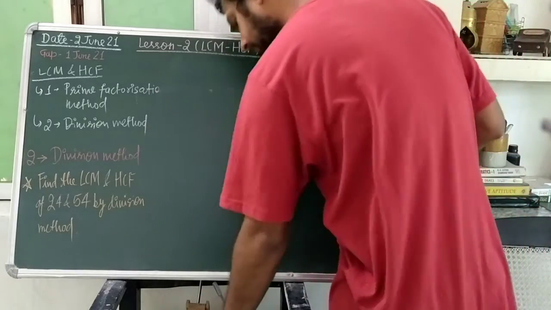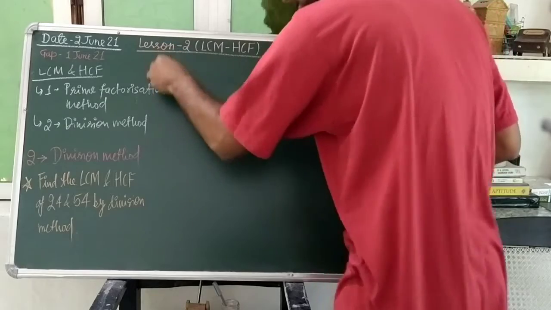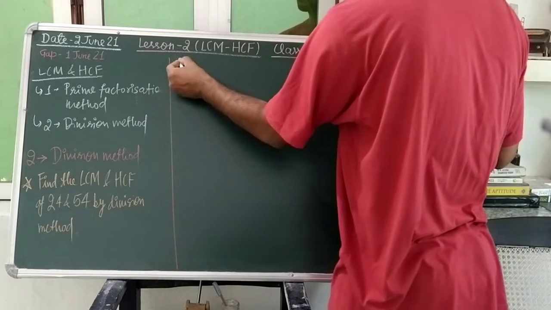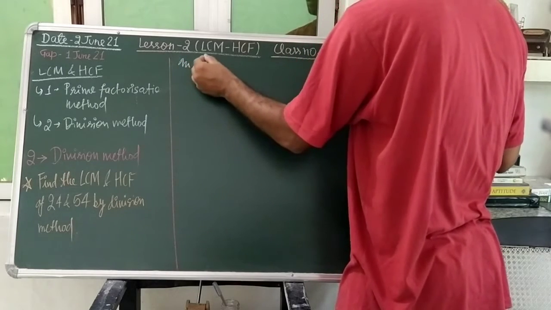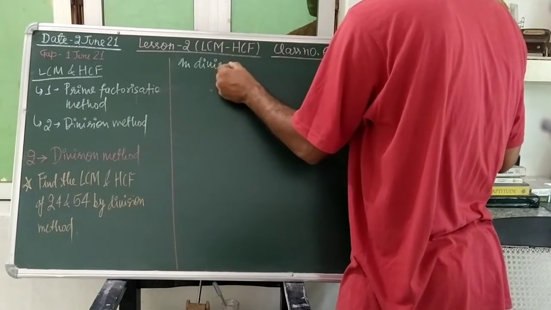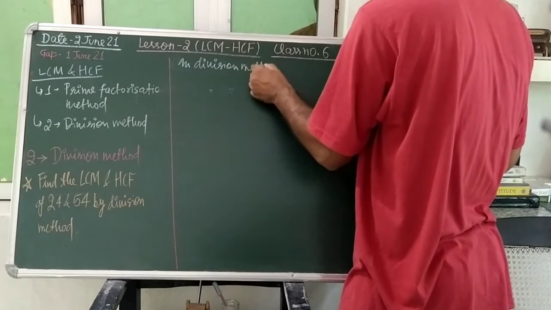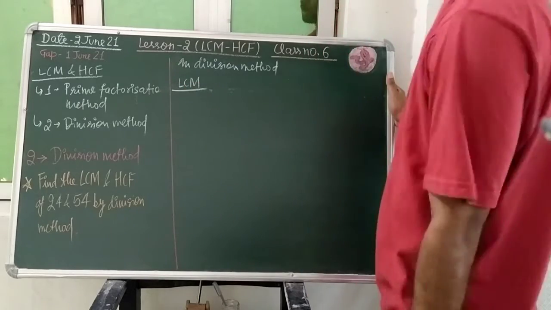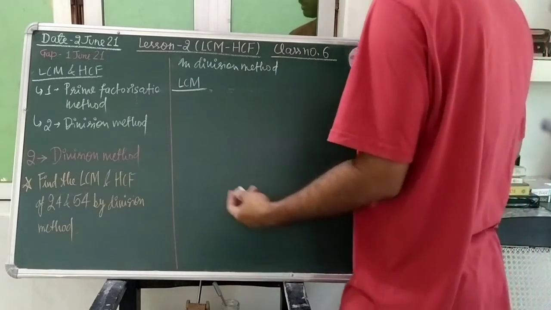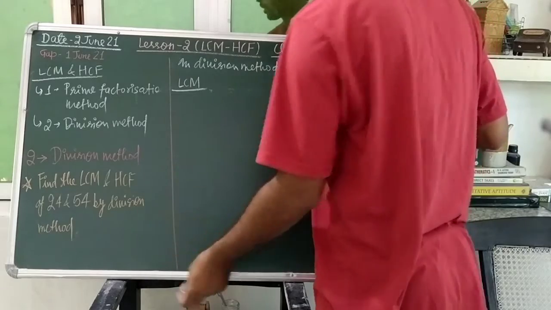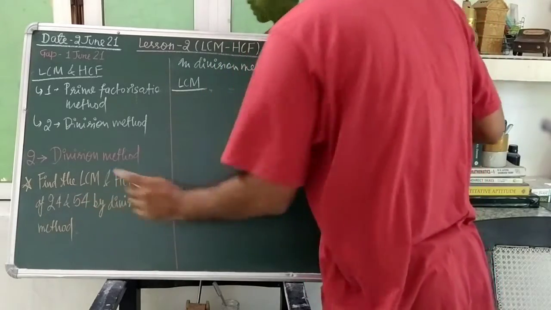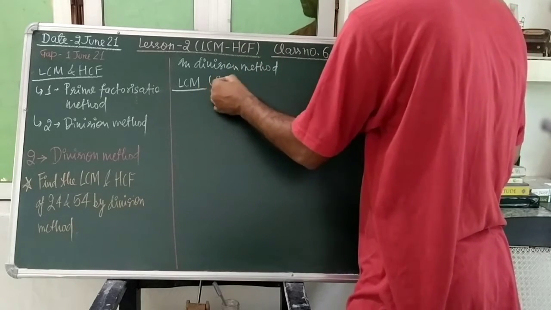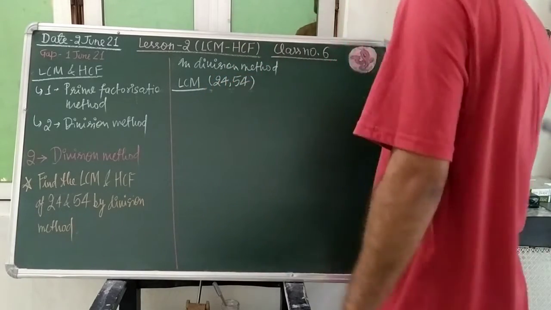So look, students, in the division method, for LCM, whatever numbers are given in the problem, here two numbers are there. LCM of 24 and 54 you want to know.